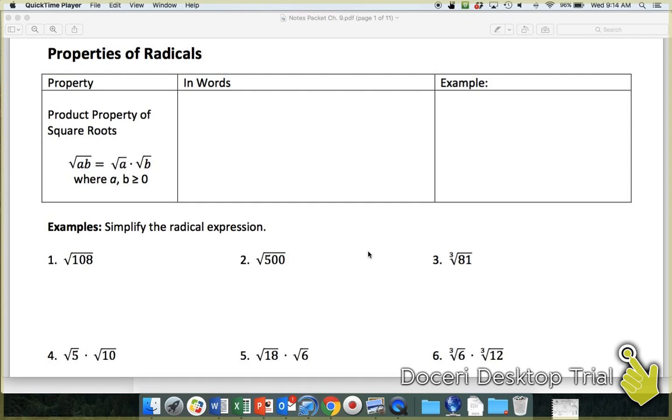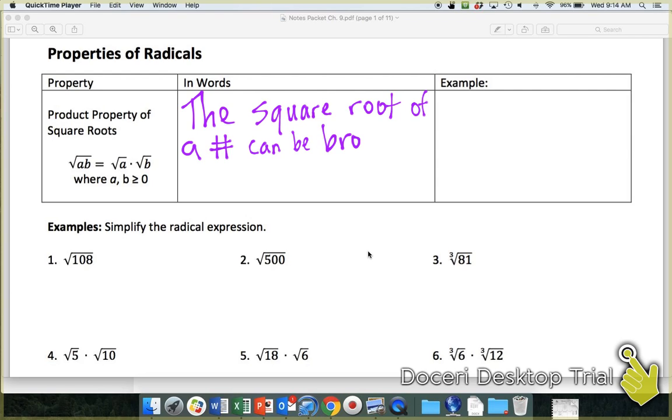So the simple way to say this is: the square root of a number can be broken into 2 square roots.